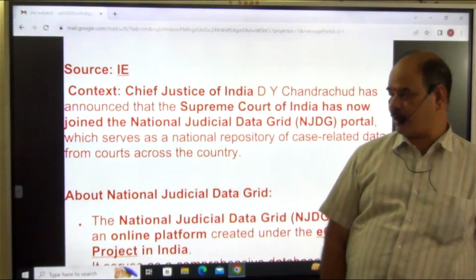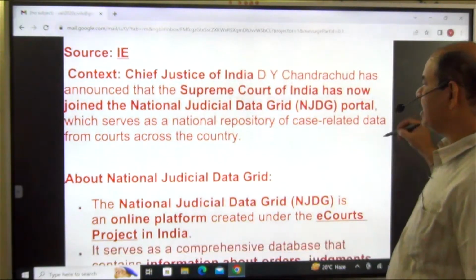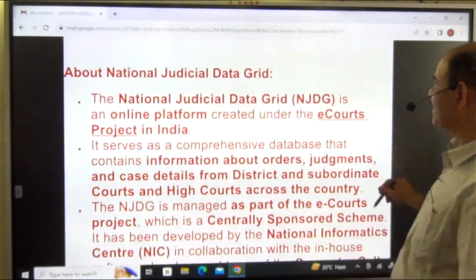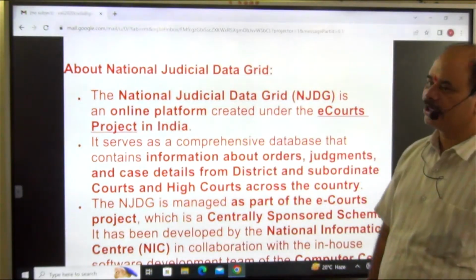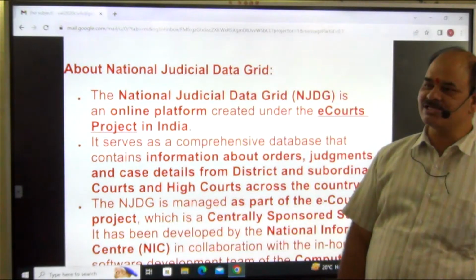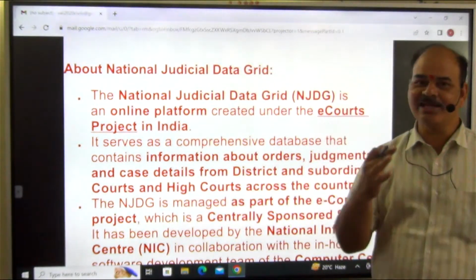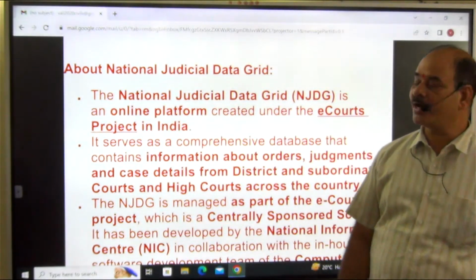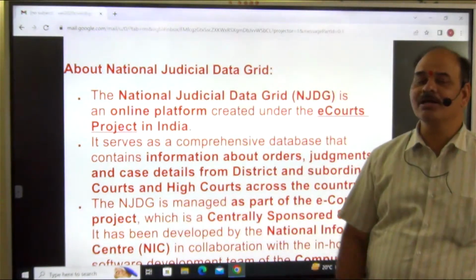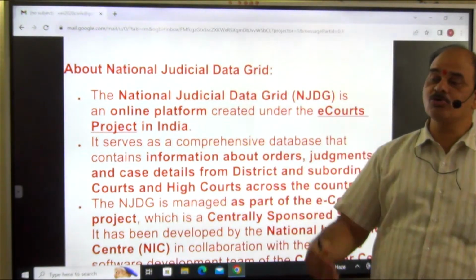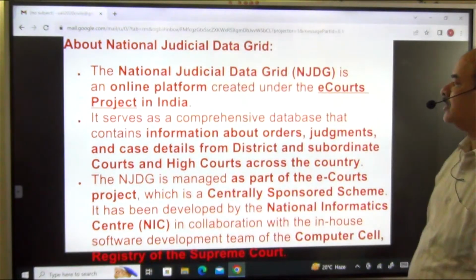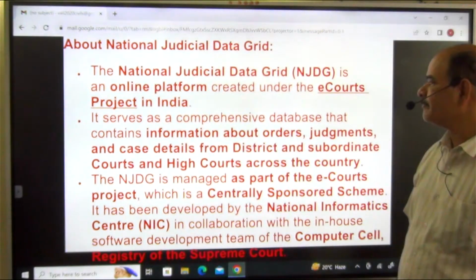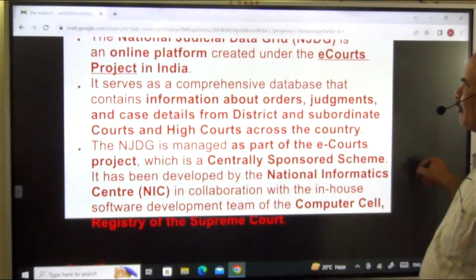Accordingly, they will act. The National Judicial Data Grid is an online platform created under the e-courts project in India. The aim of the e-courts project is to have everything in digital form, and the main aim is to see that cases are closed at a faster rate, and the plaintiff and defendant problems are addressed in a fair manner in a short period.